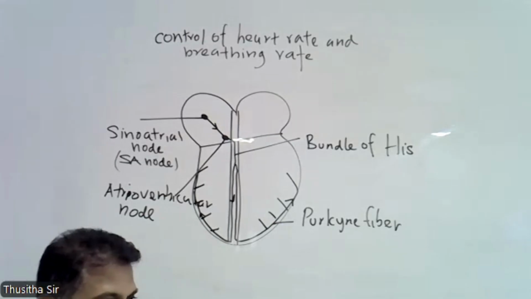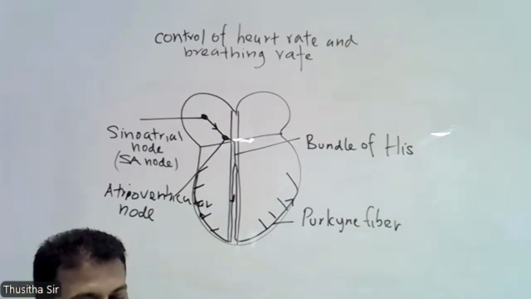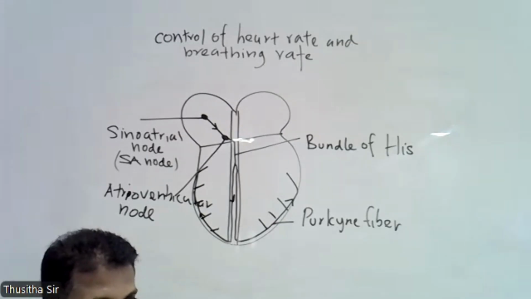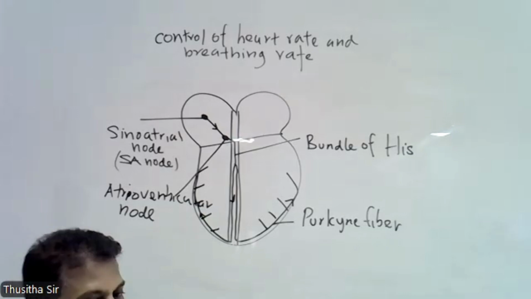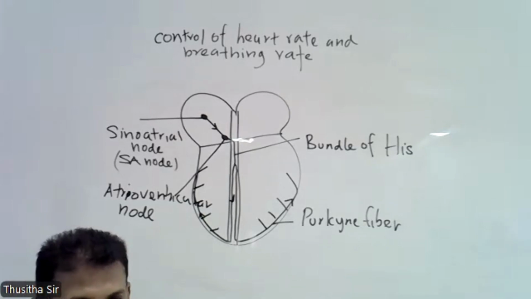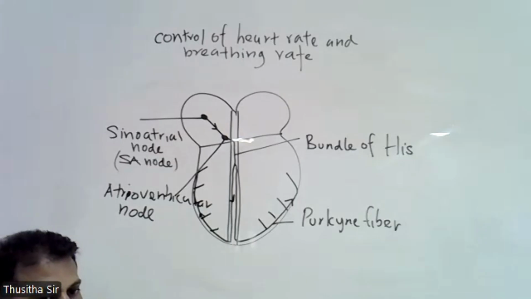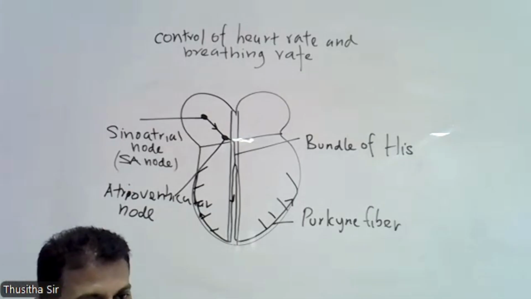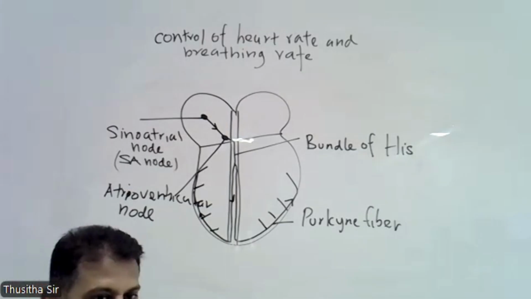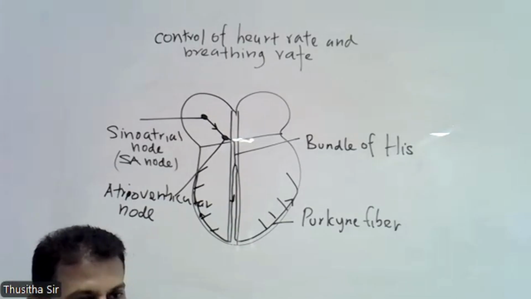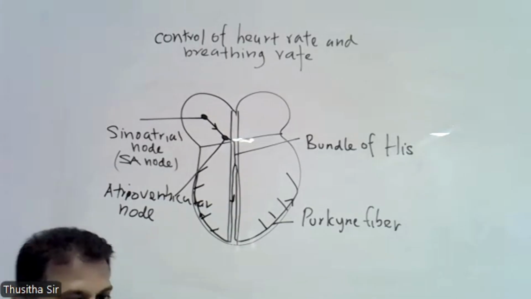For example, for elderly people, it is better to do aerobic exercise than anaerobic. For young people, it's okay to have anaerobic activities.